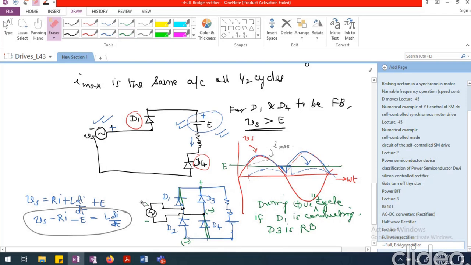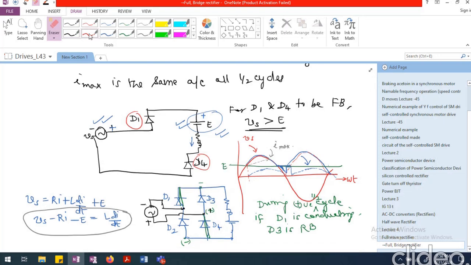Similarly, if I am looking at negative half cycle and due to inductance stored energy, the current is continuing and D1 is continuing to conduct, we are going to have plus here and minus here, due to which this plus will be connected here and this minus will be connected here.